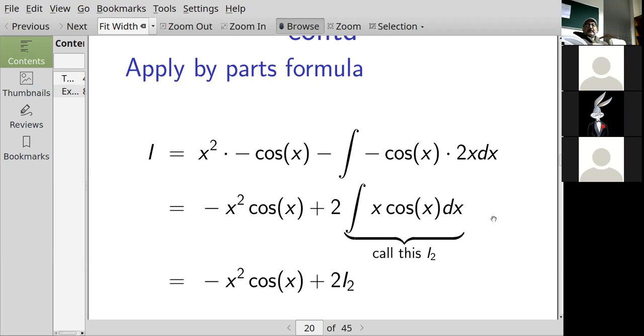Now I've got a polynomial of degree 1 times a sine to deal with. So in this case, what I will do is I will apply integration by parts twice. I'll say I've got minus x squared cos of x plus twice some integral, let's call it I2, and I will evaluate that one by parts. Okay.